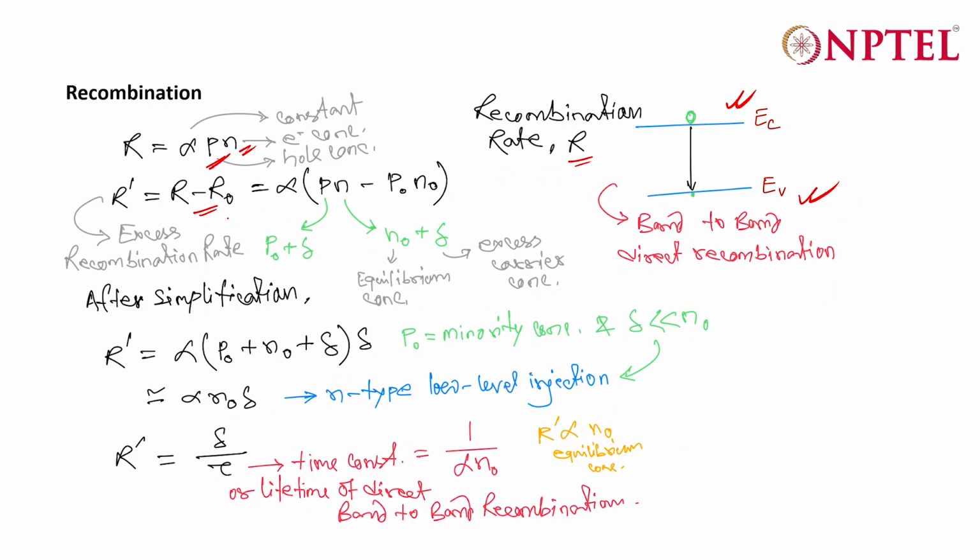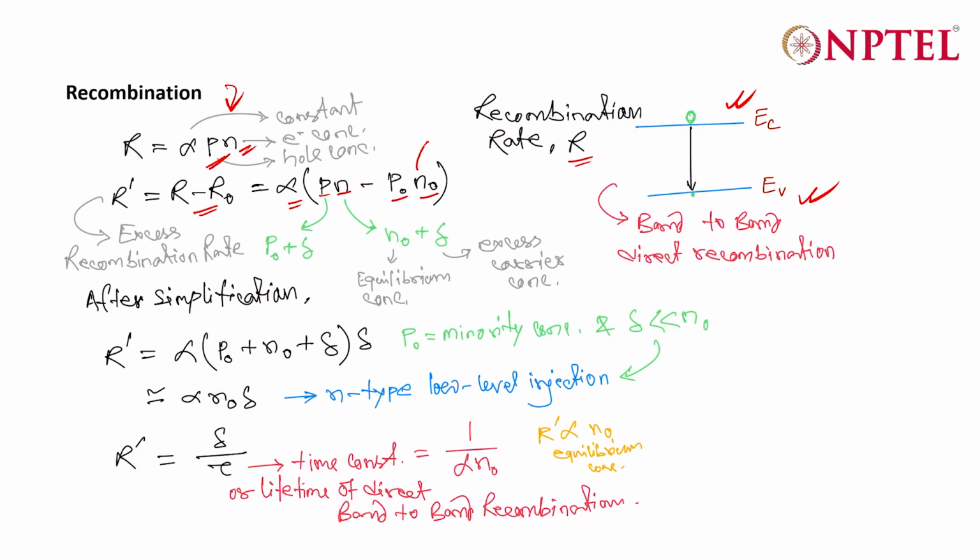R0 is the recombination rate under equilibrium, and you can further put the values from the first equation. Then you will get an expression like this: alpha into P into N minus P0 N0.